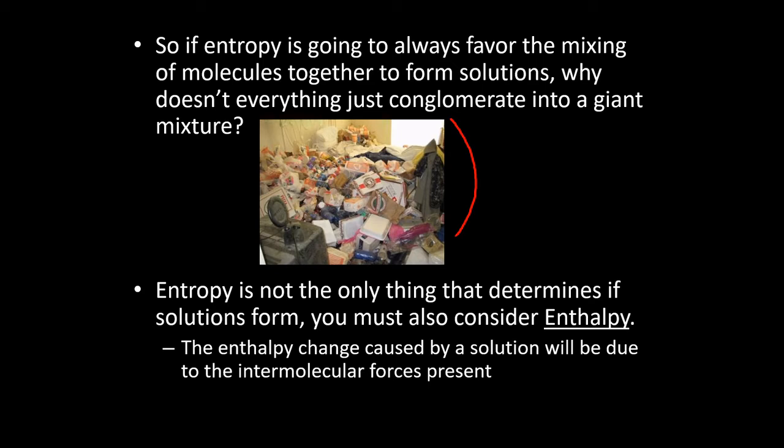It is still just enthalpy, but we're now broadening how we're viewing enthalpy beyond just a chemical reaction occurring, because intermolecular forces are also involved. The types of intermolecular forces that are present, the types that are possible, will determine if enthalpy is going to favor or disfavor a process from occurring.